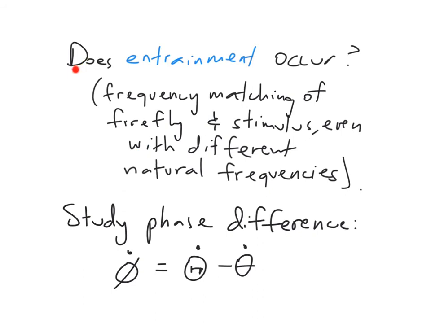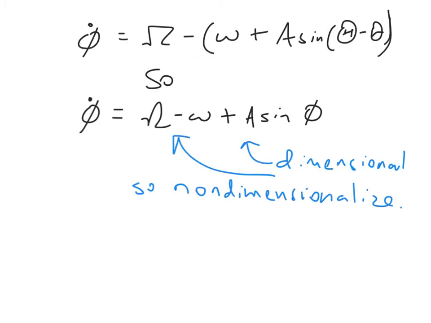We want to ask the question, does something called entrainment occur? Entrainment is frequency matching of the firefly and the stimulus, even though they might have different natural frequencies. So in that case, the firefly is getting pulled along at the frequency of the stimulus. To answer that question, we'll study the phase difference, which we're going to call phi, between the reference and our firefly.